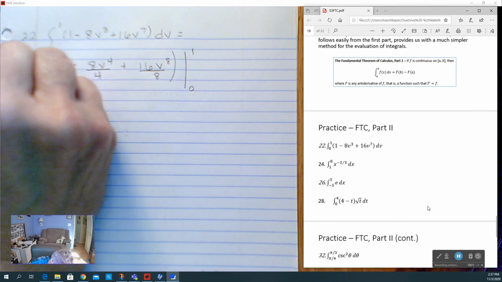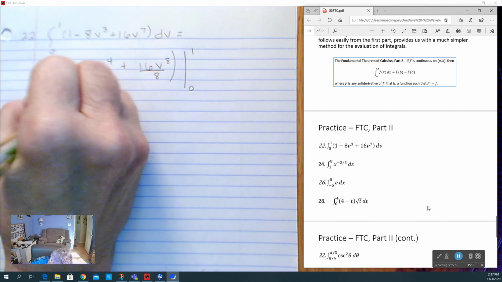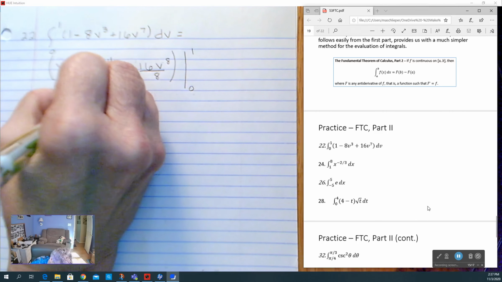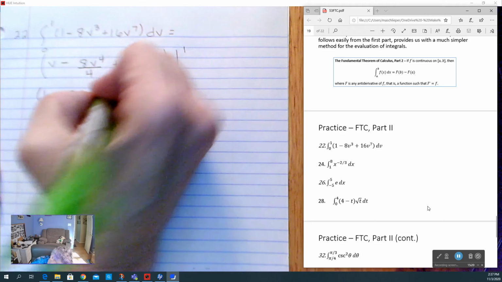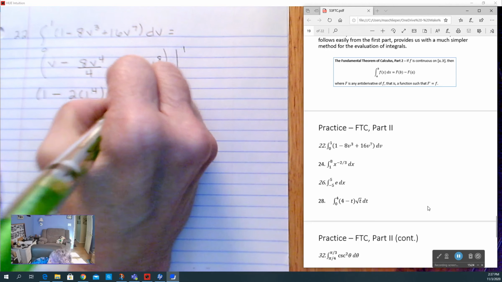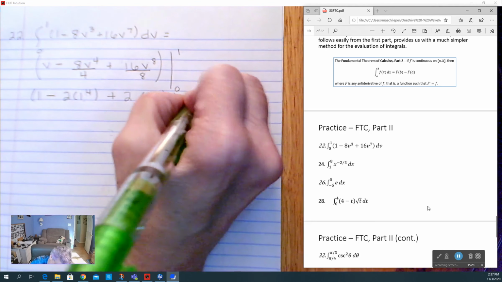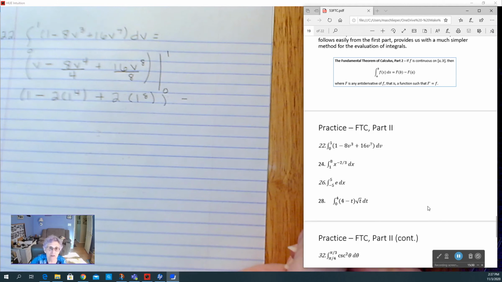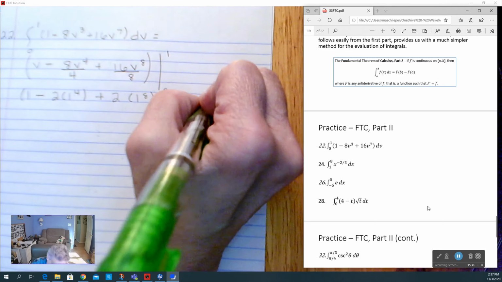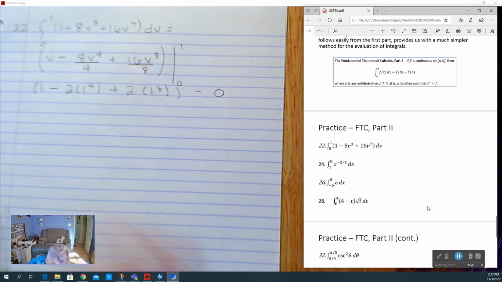So I have 1 minus 8 over 4 gives me 2 times 1 to the 4th power, plus 16 over 8 gives me 2 times 1 to the 8th power. And when I plug 0 in, I'm going to get 0 minus 2 times 0 plus 2 times 0, which is a big fat 0. I love it when it's 0.